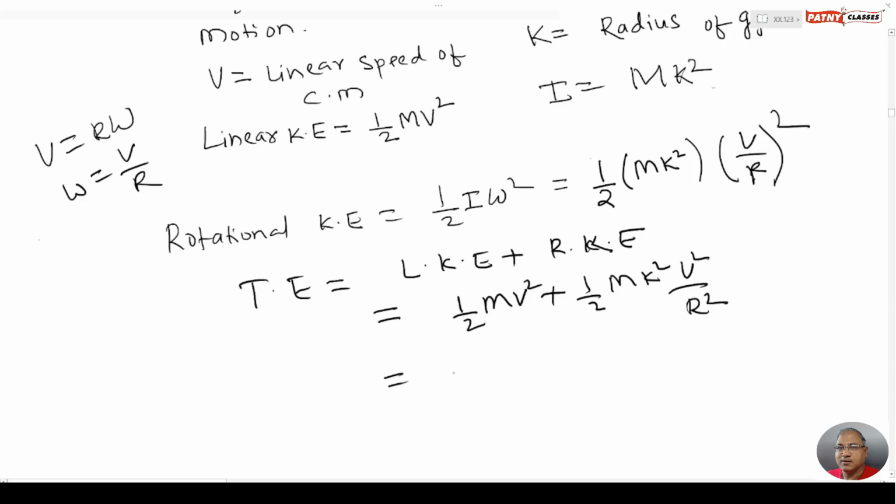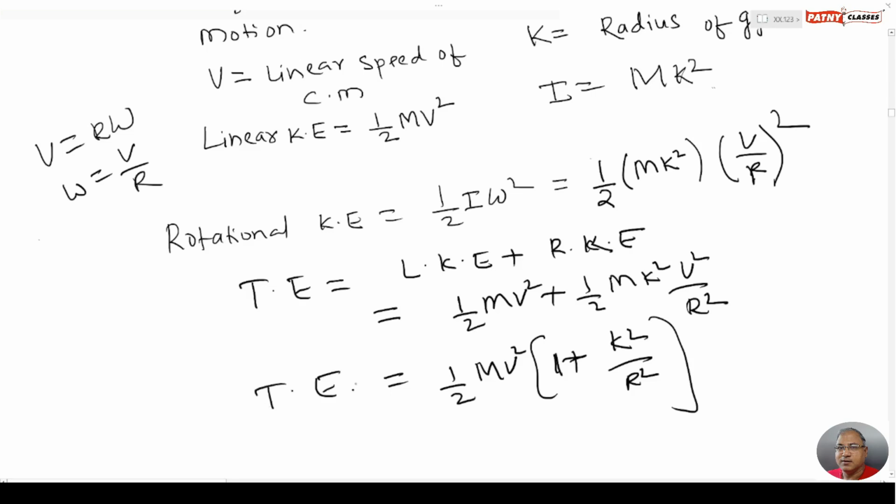If we simplify this and take half mv square common, then it becomes half mv square times (1 plus k square upon r square). So this is the total energy of the rolling body.